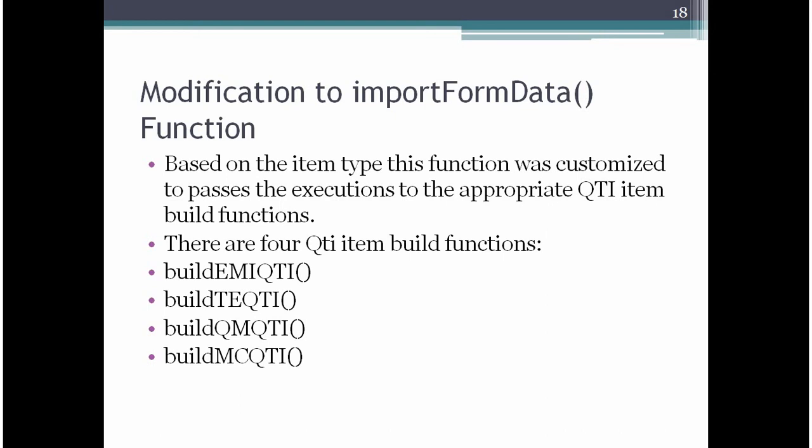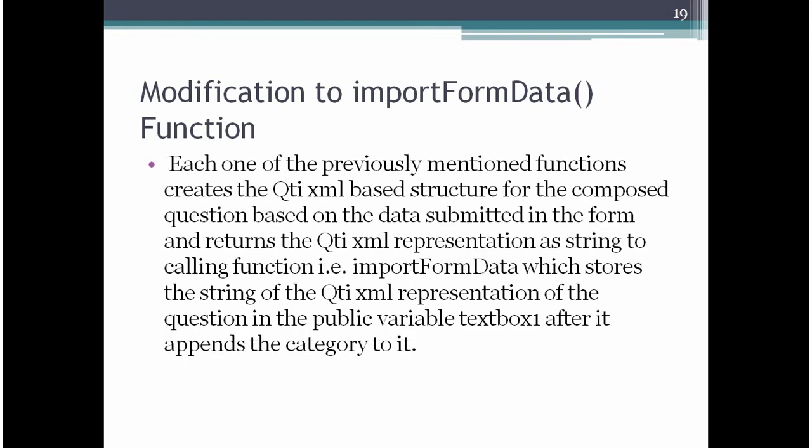From that point on, after it collects the required variables, it just passes on the execution based on the question type to one of four functions, and those functions, no matter what the name is, they basically do the same thing. They just build the QTI XML file or object for that particular type of question, and then return the execution to this function, which will eventually store the XML representation of the question in the public variable textbox1.